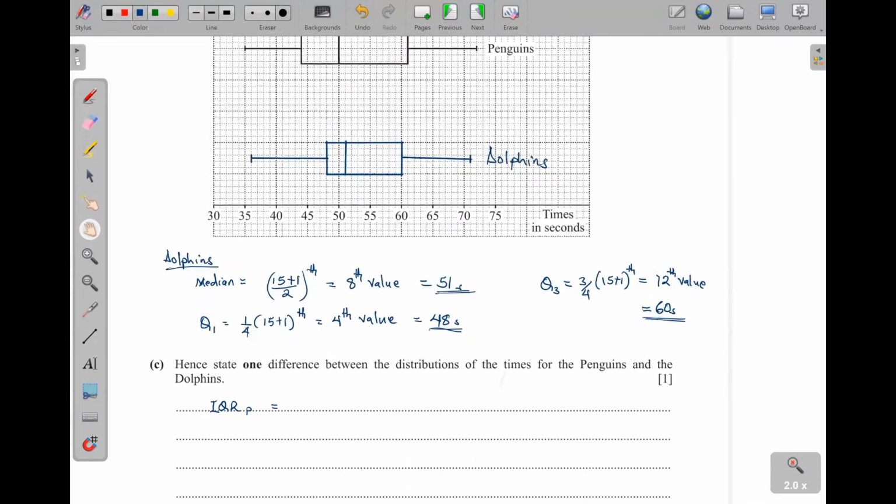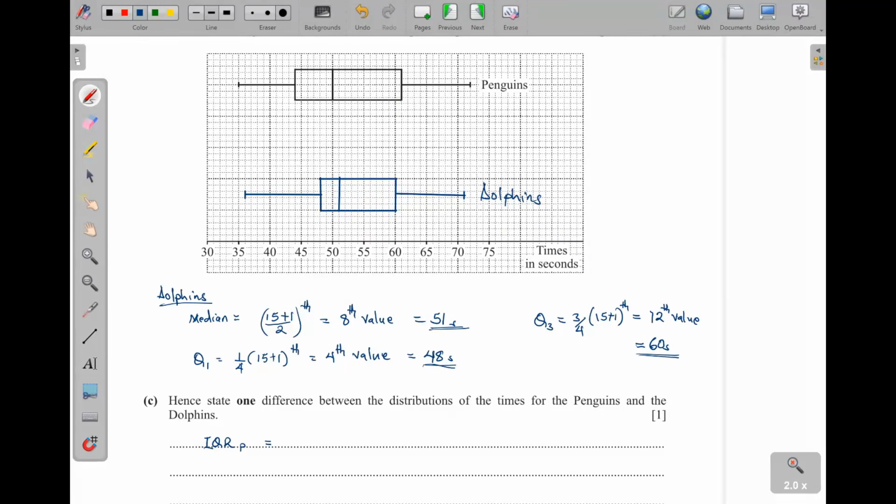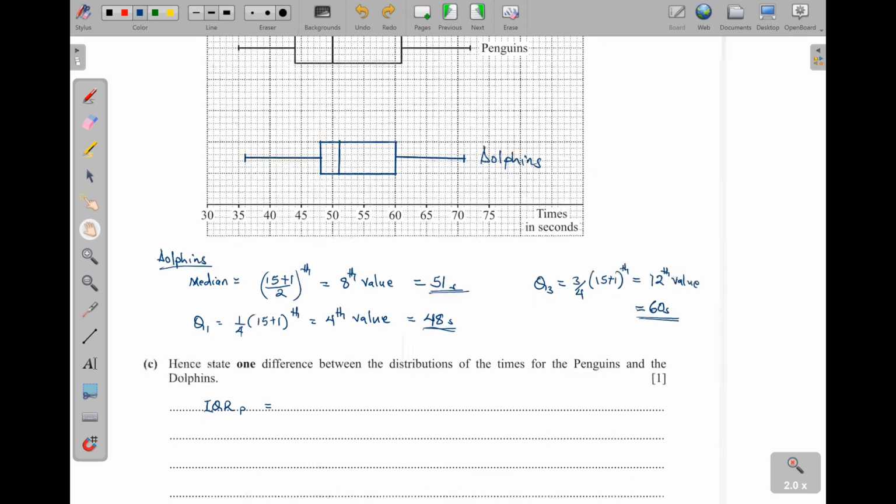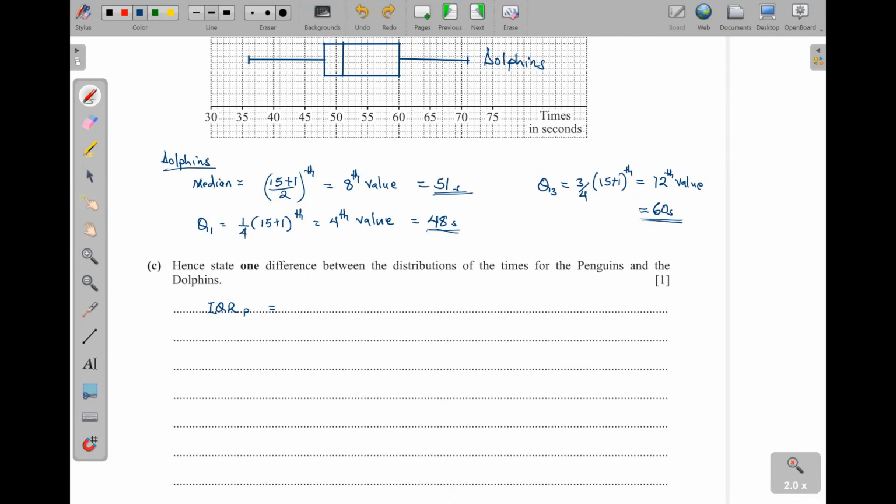So the upper quartile for penguins, it is here. This is 61. The lower quartile is here. That is 44. So 61 minus 44. This one gives us a 17. Okay. And then how about the interquartile range for the dolphins?